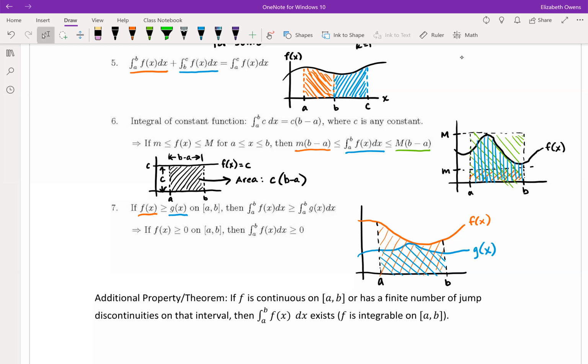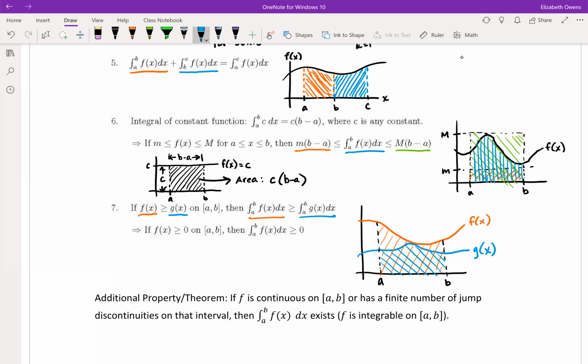And we can see that the integral or area for f of x is greater than or equal to the integral or area for g of x. So that'll just hold because of the way these integrals relate to area beneath a curve. It's a nice property to have.